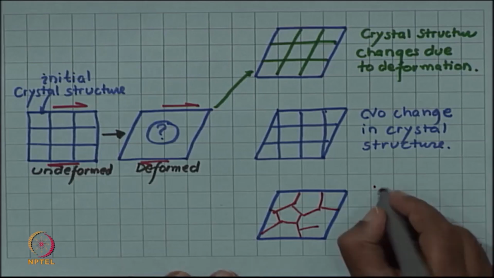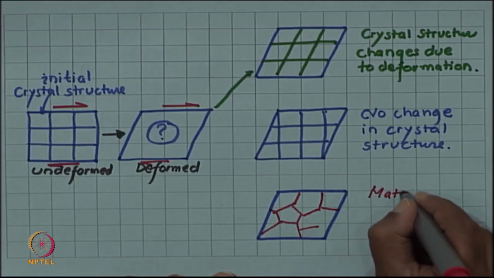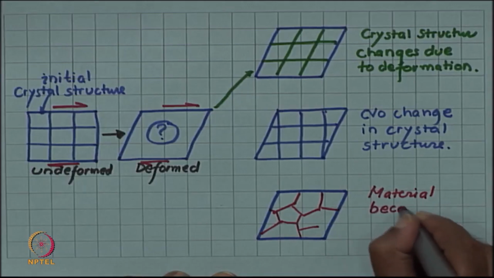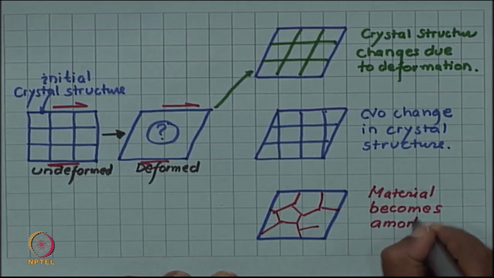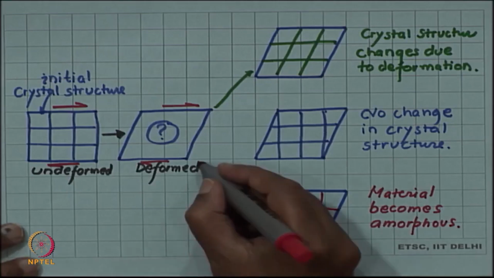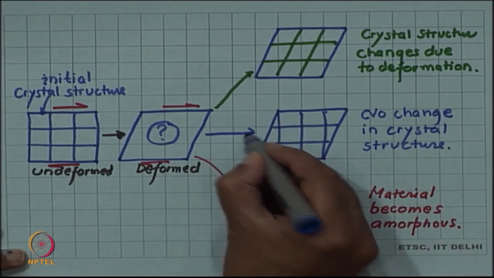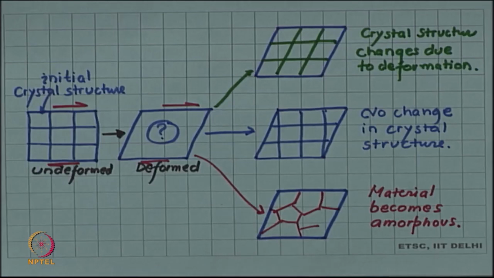So, no crystal structure is left, material becomes amorphous. So, I have given you these three options. You may even think of some other new option other than these three.